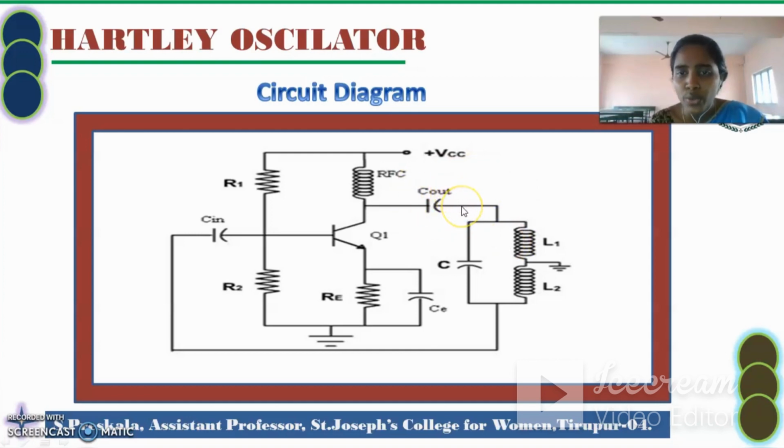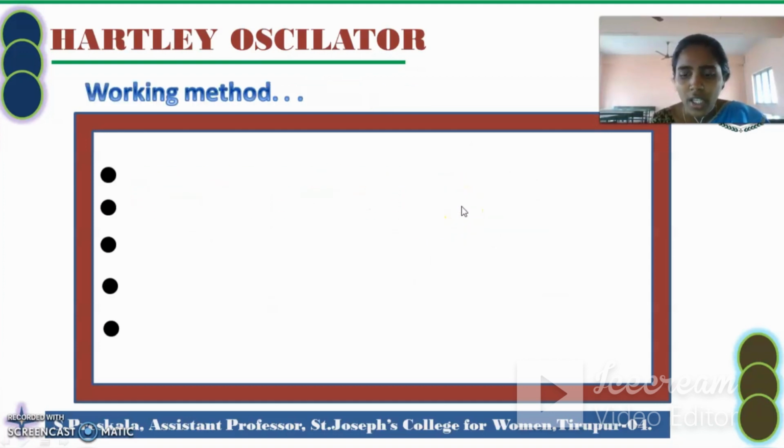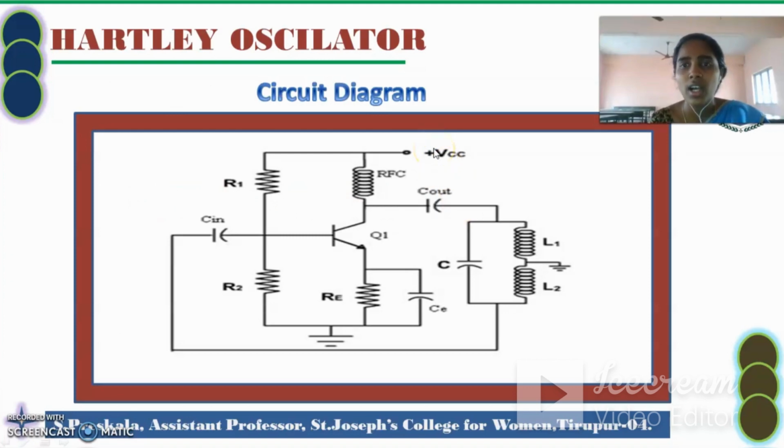So this output should be in phase with the input signal that comes from the plus VCC. Once we get a whole cycle, afterwards there is no need of plus VCC, we can switch off this plus VCC. So once we get the output from Cout, afterwards it produces a supply to the capacitor, and the capacitor charge discharge process happens.